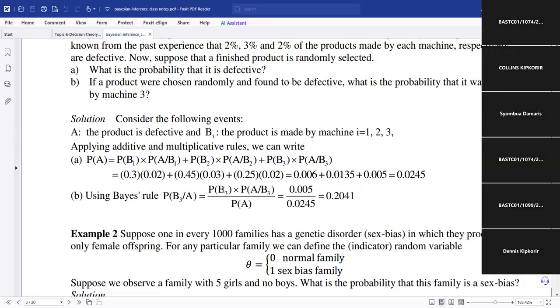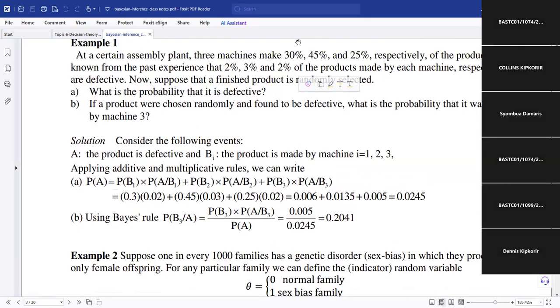The probability of B3, or the probability that it is machine 3, is given to be 0.25. So this is equivalent to the probability that it is from machine 3, which is 0.25, multiplied by the probability that it is defective given it is from machine 3, which is 0.02.